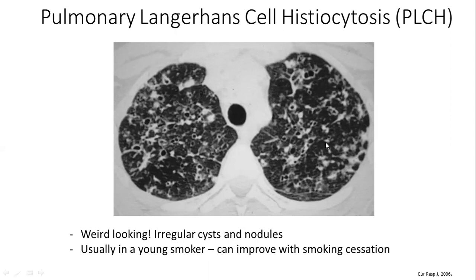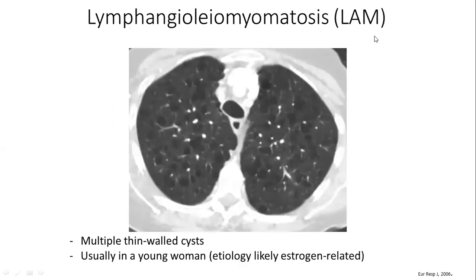Irregular cysts, cysts mixed with nodules, mixed with ground glass, weird looking, usually in a young smoker, and it can improve with smoking cessation. And then LAM, lymphangioleiomyomatosis, is usually in a young woman, and it's these thin-walled cysts, a lot of cysts throughout the lungs. It's probably related to estrogen, which is why it really only occurs in women.